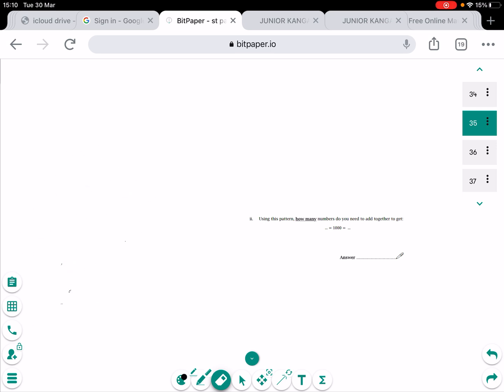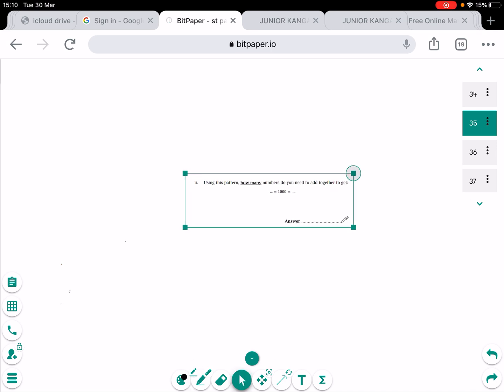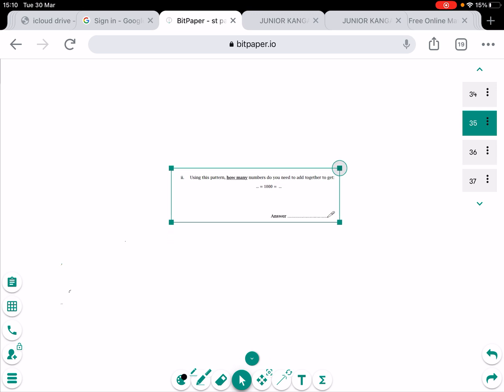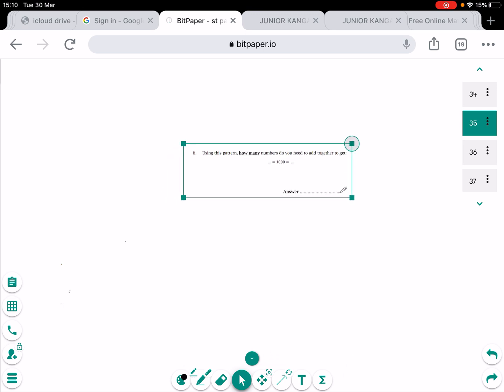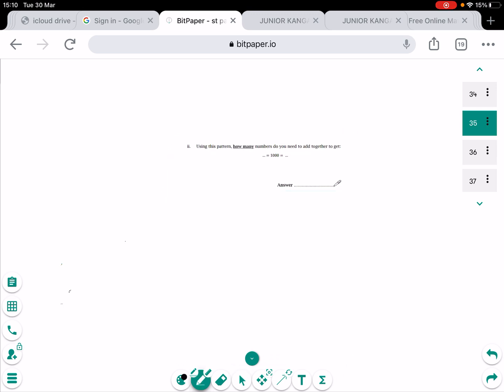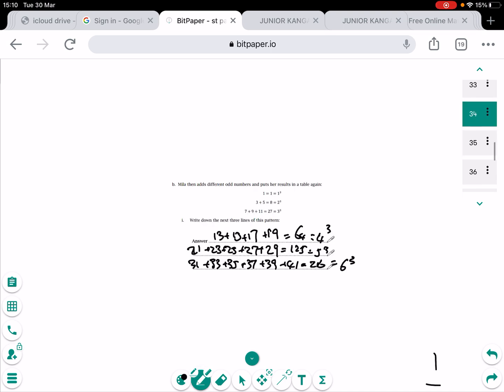Okay, anyways, using this pattern, how many numbers do you need to add together to get this? Looking at the last one, 1 squared is 1, 2 cubed is 8, so 2 is the cube root of 8, 3 is the cube root of 27, and so on.